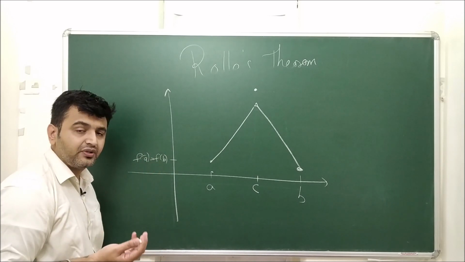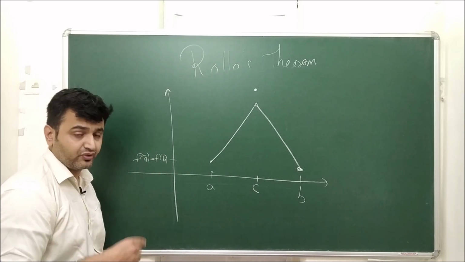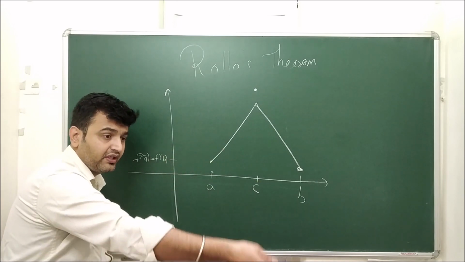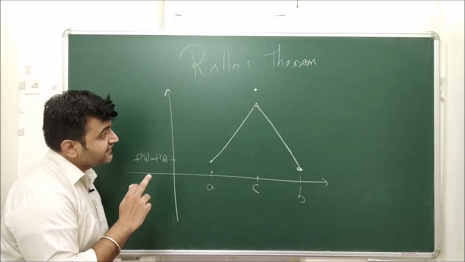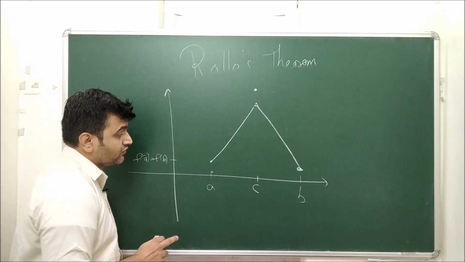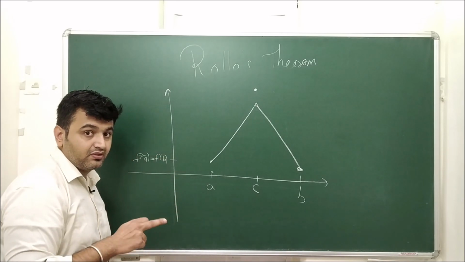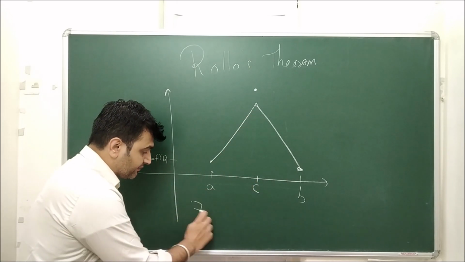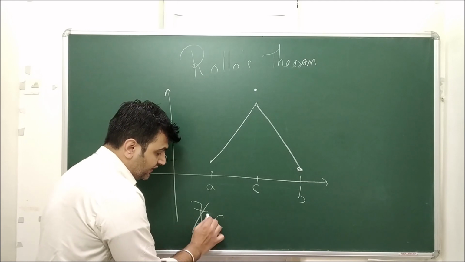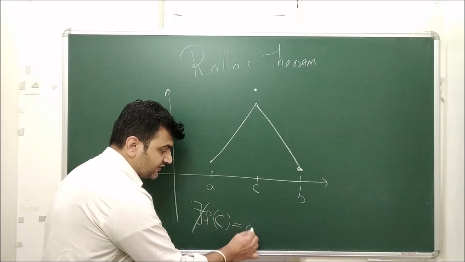As soon as continuity fails, differentiability also fails, because differentiability implies continuity. So not continuous implies not differentiable. At c the function is not continuous. So does there exist a bump? No, right? It's a straight line. So there does not exist a point c such that the derivative at that point is 0.